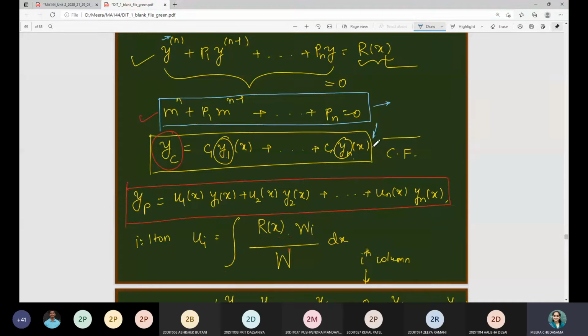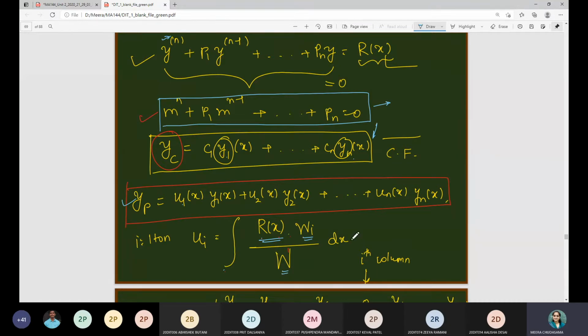So in that case, from the variation of parameter method, the particular integral, which we will denote with yp, is nothing but u1 y1 plus u2 y2 plus up to plus un yn, where these ui's are determined by the integral, where the integrand is the right hand side function r of x times wi upon the Wronskian, dx.